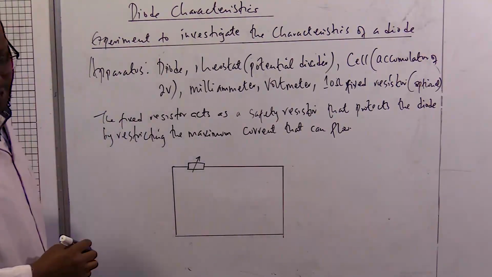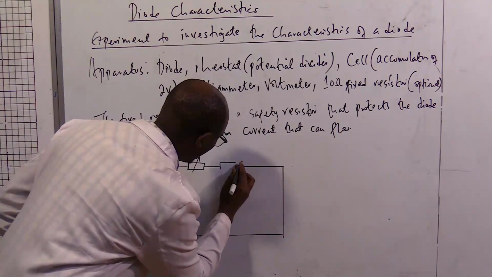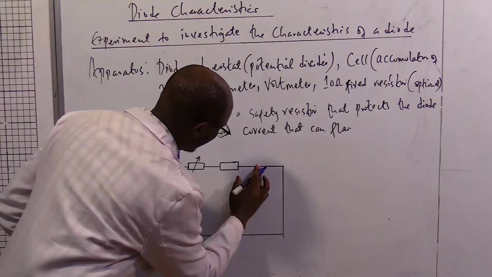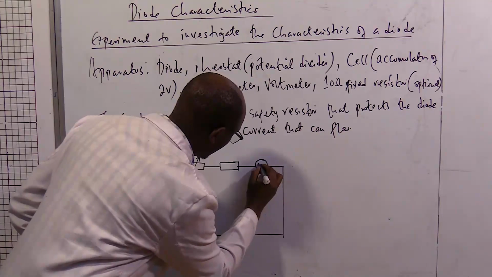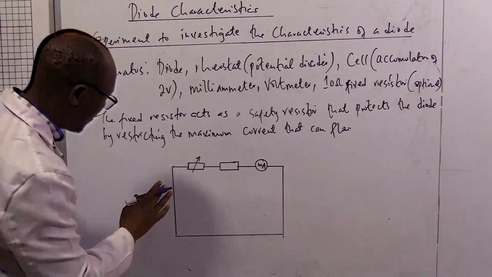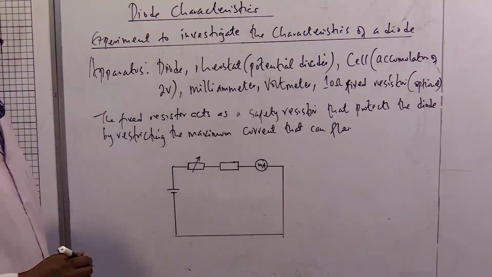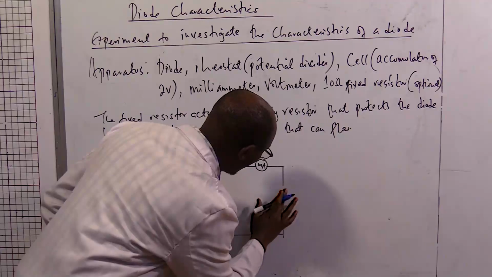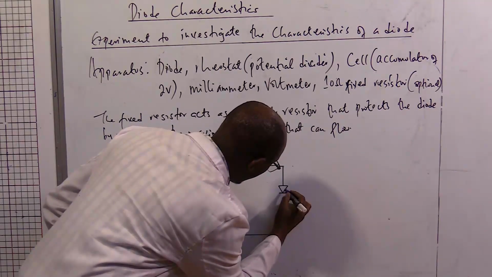That is the symbol of our rheostat. Then we have our safety resistor. We'll be able to label them. Of course, the ammeter is connected in series. So that is our milliammeter. And of course, we have the source of EMF, which is our 2-volt cell. And on this side, we can have our diode, forward biased.